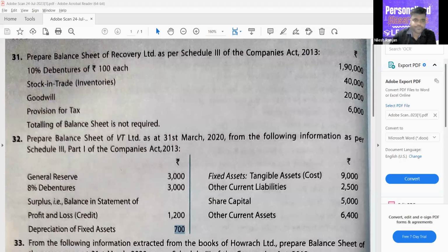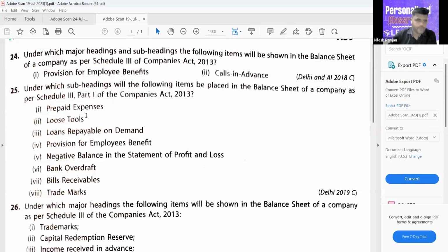So these are your previous class homework. The question number 24, provision for employee benefit falls in which heading? Provision for employee benefit is long-term provision. We will write it in long-term provision. Advances fall in other current liabilities.